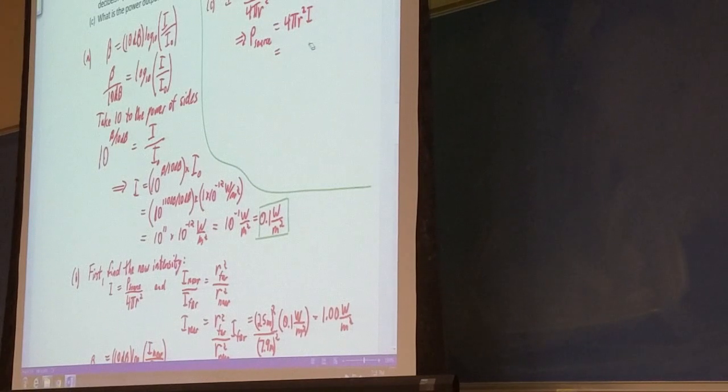So let's go ahead and use R near and I near. R near was 7.9 meters. I near was 1.0 watts per meter squared. And that should give us our 785 watts.